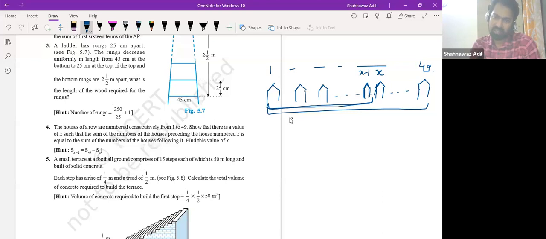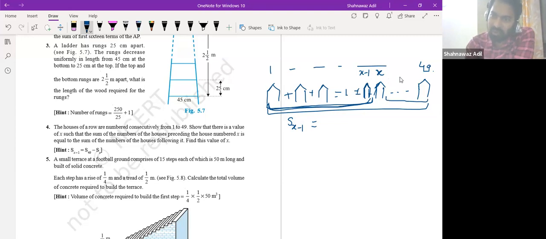So it is saying the sum up to x minus 1, preceding, up to this term, is equal to the sum of the numbers of the houses following. So then we have to find out the sum of the numbers of houses following it.